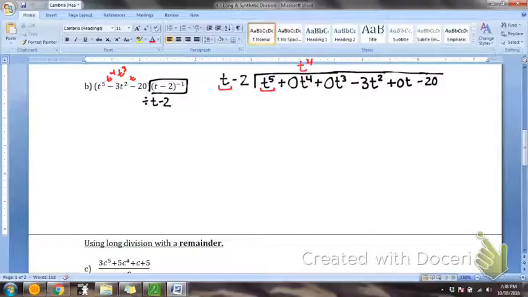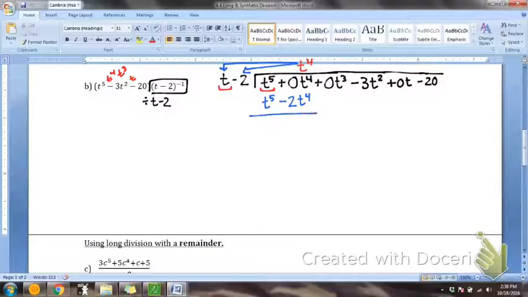And now begins the process. T to the 4th times t is what? T to the 5th. T to the 4th times negative 2. Negative 2t to the 4th. Okay?